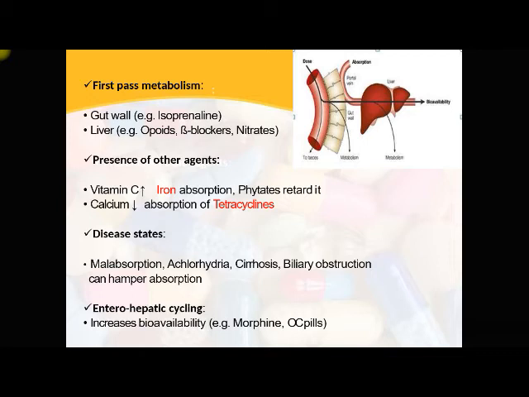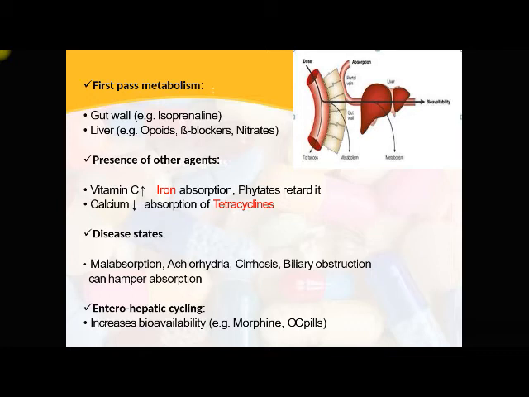The next factor is disease states. Okay, so if a disease related to the gastrointestinal tract is present, then it may lead to malabsorption, achlorhydria, cirrhosis, or biliary obstruction. It can hamper the absorption. Malabsorption is nothing but impaired absorption. Achlorhydria means the production of hydrochloric acid gets decreased.